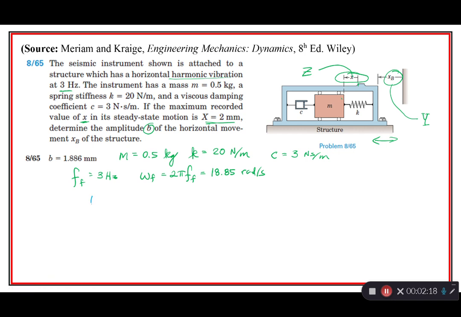Okay, so we have the natural frequency, the square root of K over M. Our K is 20 and our mass is 0.5.